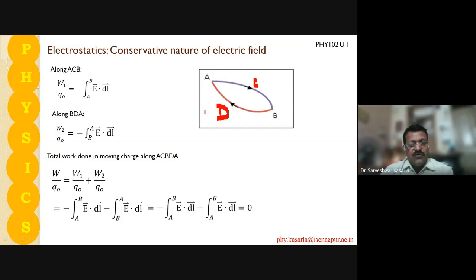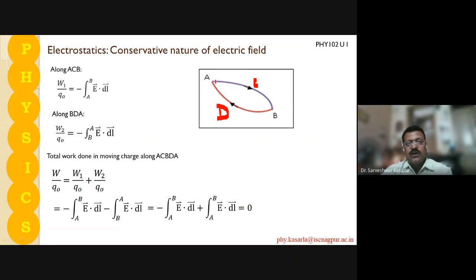Here the integration is from A to B, and here the integration is from B to A. Therefore, if you reverse the integration, if you make this A to B, then we have to change the sign. Integration from B to A will be equal to integration from A to B with minus sign. So that will be equal to 0.